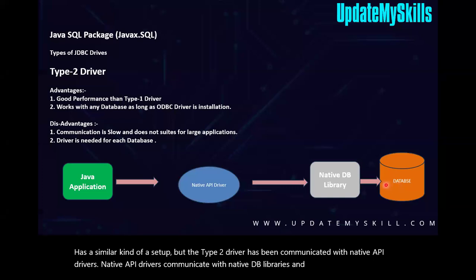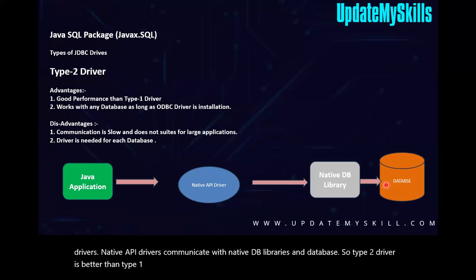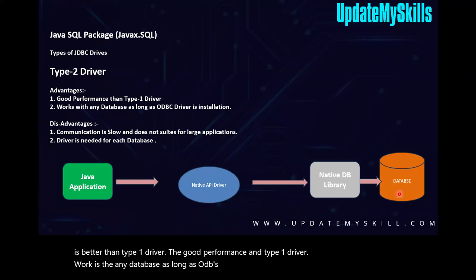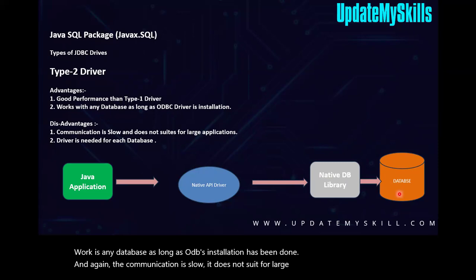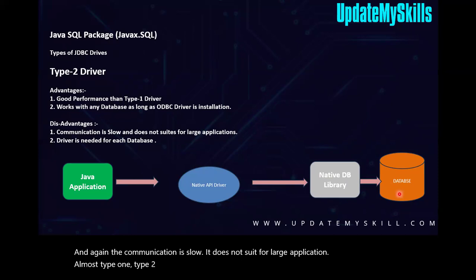So the type 2 driver has better performance than the type 1 driver. It works with any database as long as the ODBC installation has been done. And again, the communication is slow. It does not suit large applications. Generally, no one will use type 1 or type 2 in real production environments.